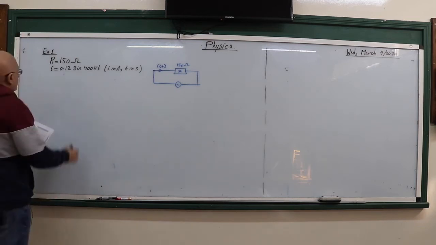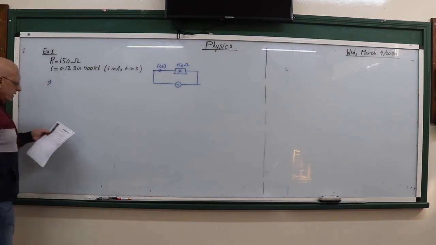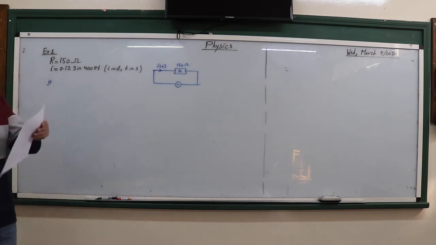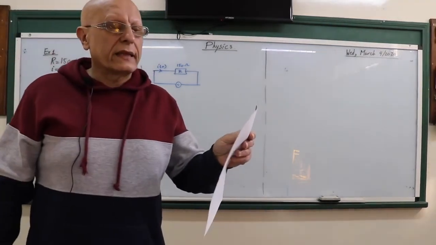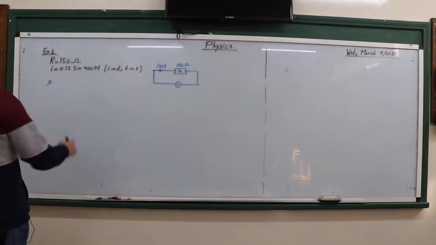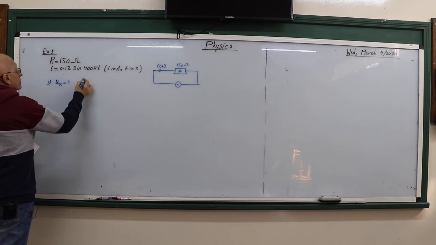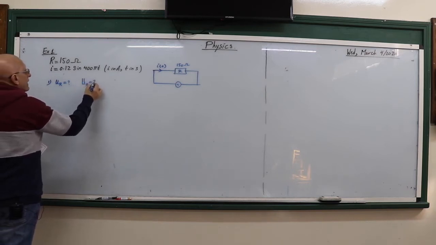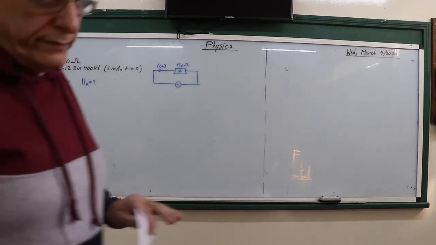Part 1 says, give the expression of the voltage UR across the resistor and deduce its effective value. So we need to find UR, then we deduce the effective value. What do you think about the solution?